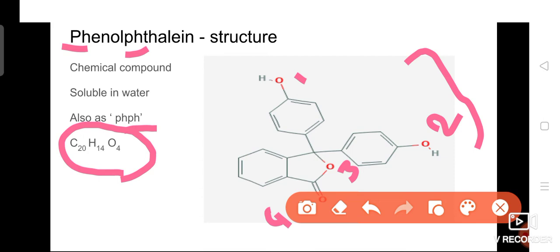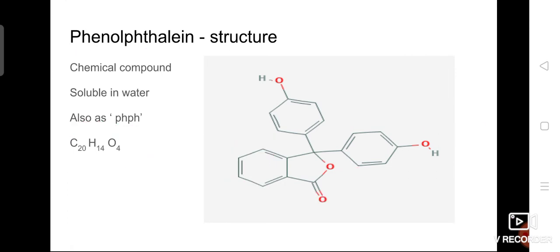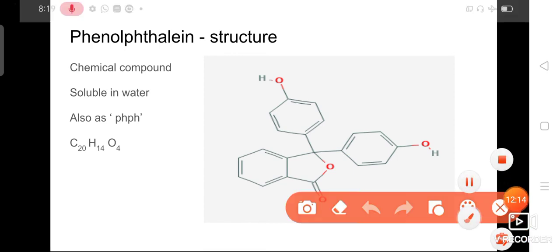So how can you find carbon? At each corner, which represents the place of carbon. So how many carbons in total? Carbon 20. If you count, you can place 20 carbons easily.